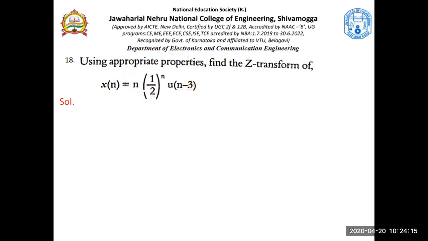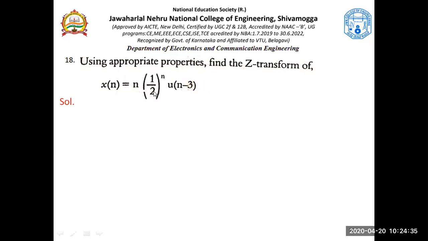Here, this u[n] is associated with this (1/2) power, but this is a shifted version of u[n], and this is not a shifted version of n. Understand? So how to get these two into proper form?